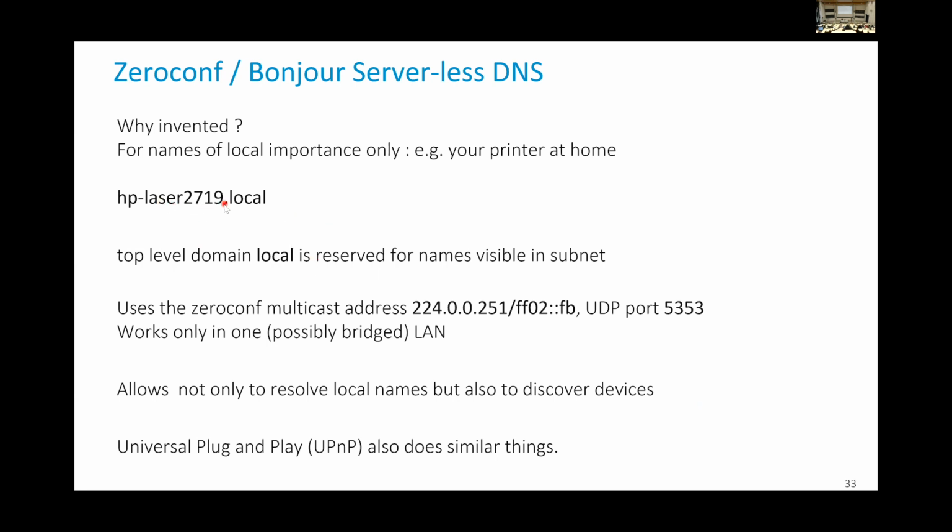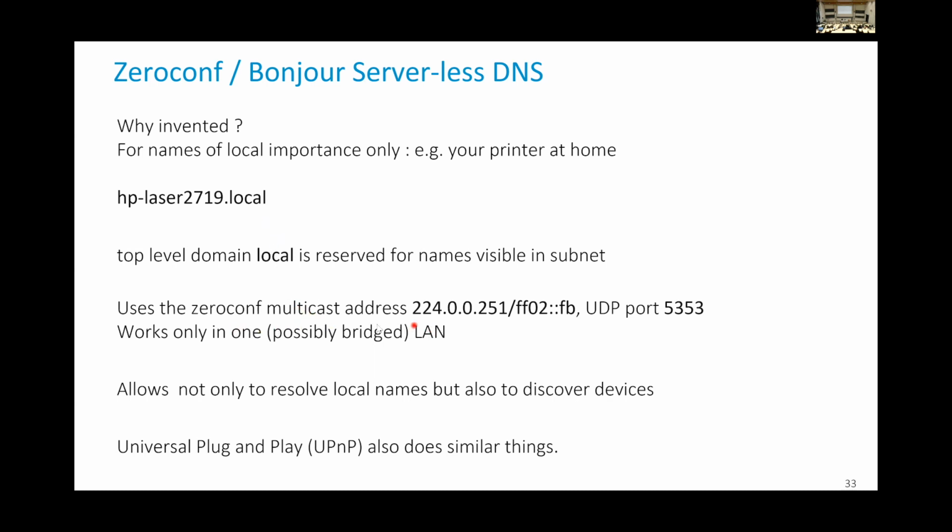I could first discover it by using protocols like Universal Plug and Play or other similar things. This printer will once in a while send a multicast packet in the local area network saying, I am this, and my device will remember it.